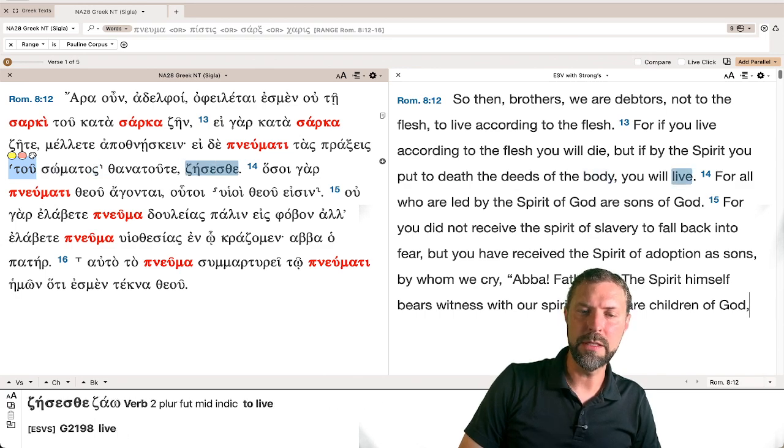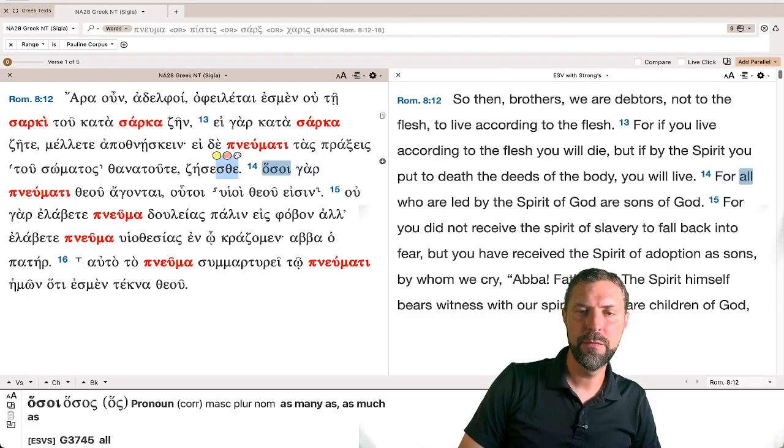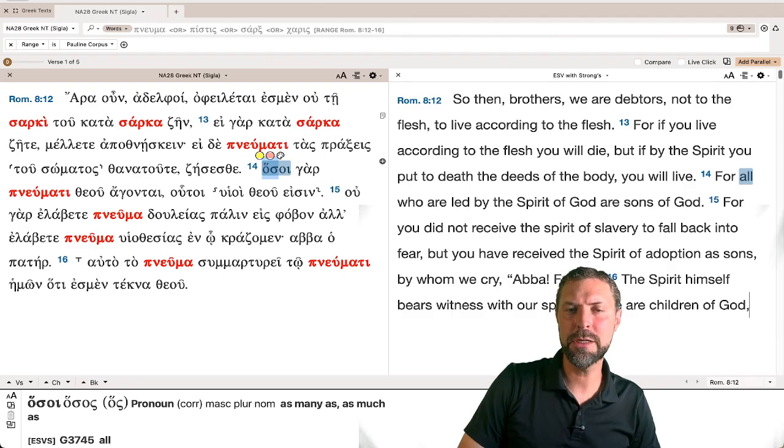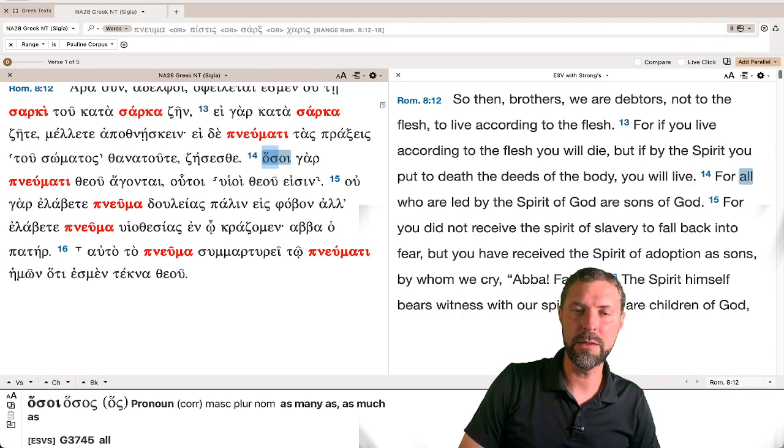"You will live," this is a future, so from zao, and then I've got my sigma in here, second person plural. "For as many as," this is a little bit of a more complex pronoun, but you can see it looks a little bit like a relative pronoun, so whichever kind of sense, but "as many as" is the more obvious English way to translate it.